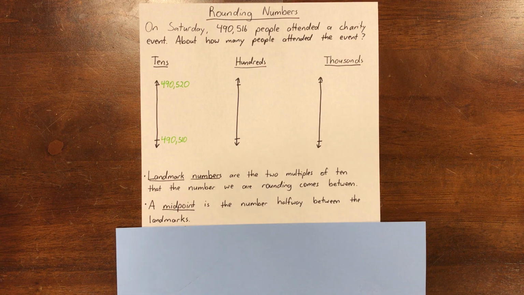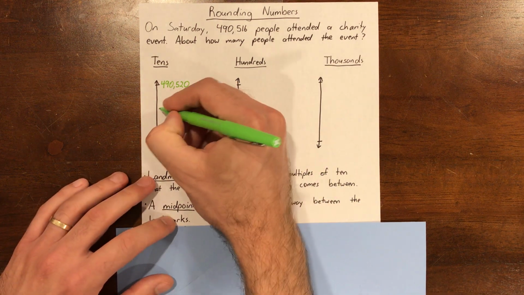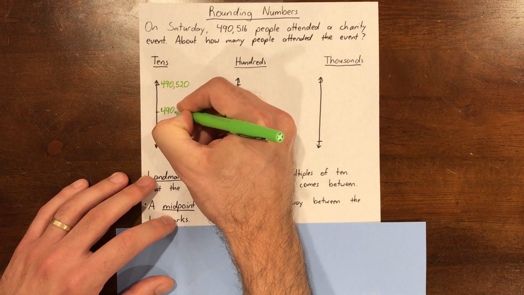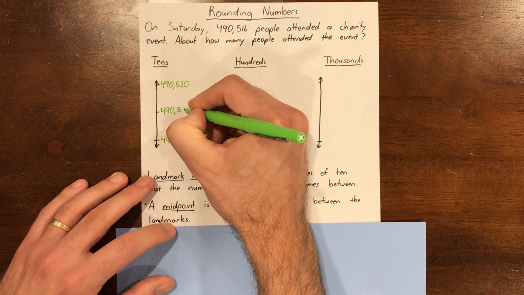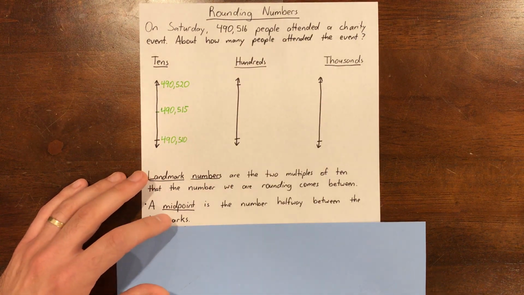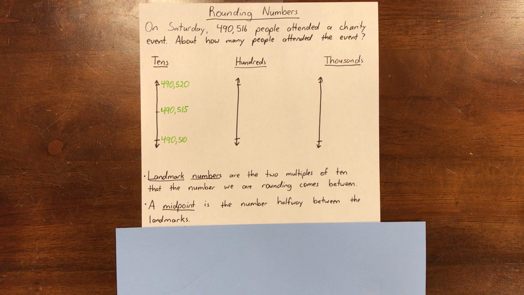How do you know? Say it out loud. Yeah, we know that 5 is half of 10. So the midpoint would be 490,515.